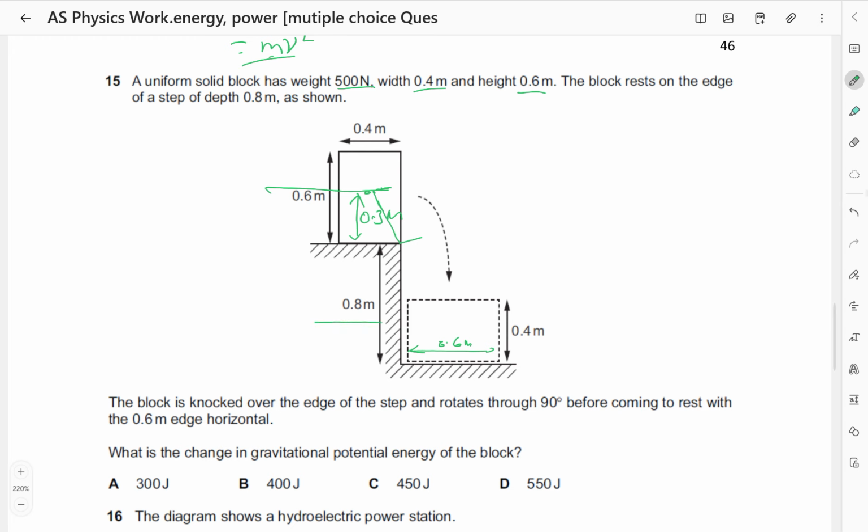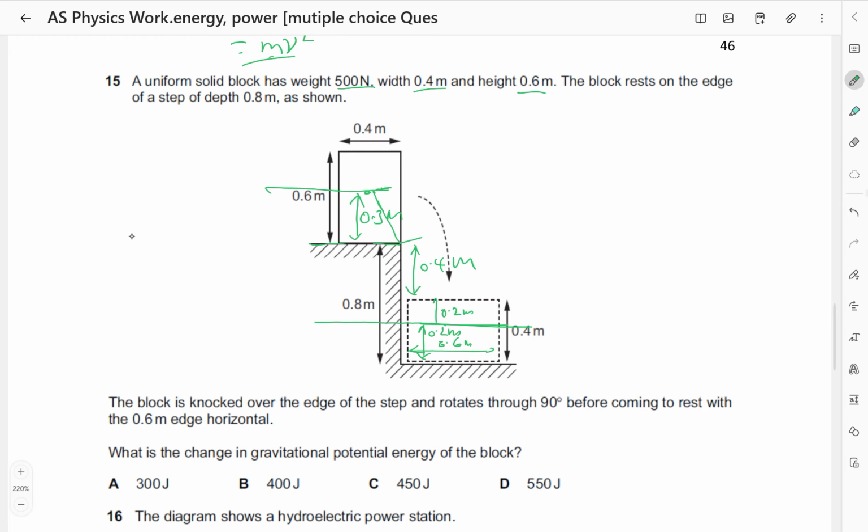But when it has fallen to this level here, the distance from the base to the center of gravity is going to be 0.2 meters. So this is also 0.2 meters. Remember, from this level here to the base is 0.8 minus 0.4, which makes this distance 0.4 meters.